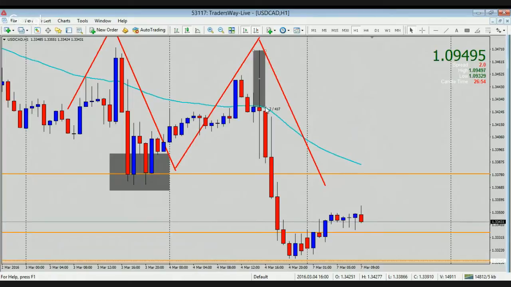So you measure the amount of pips this long top wick has, all the way down to the lowest point of the body. That's 44 pips. Now you measure it to the previous candle. You only use the body. You don't use any of the wicks. You don't count any of the wicks of the candle that's supposed to be engulfed.